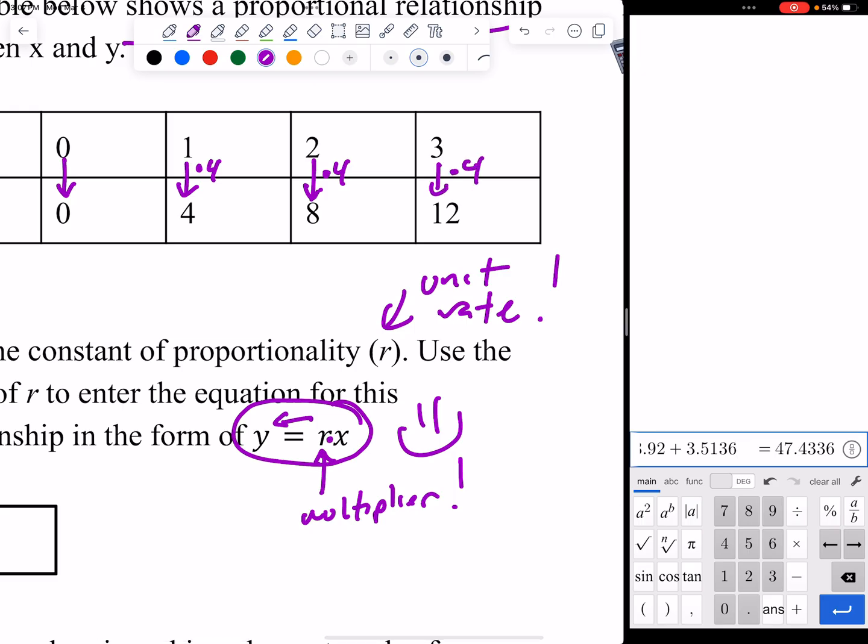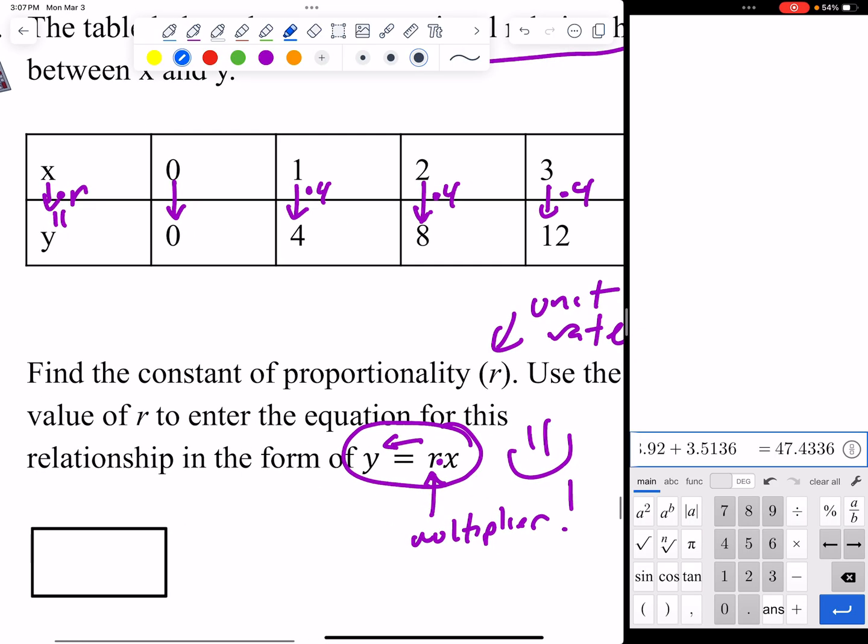3 times 4. So in other words, I took this number, which happens to be my x, I multiplied by 4, and I got y.